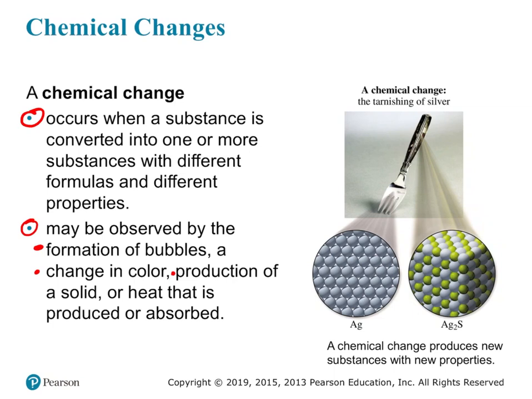So, for instance, if you mix certain liquids together, they can form a solid, and we'll talk about that type of reaction later. Or maybe heat is released or absorbed when two chemicals are mixed. So, for instance, if you mix two chemicals in a beaker, and you feel some heat coming off of the beaker, that's an indication that a reaction has occurred or that a chemical change has occurred.